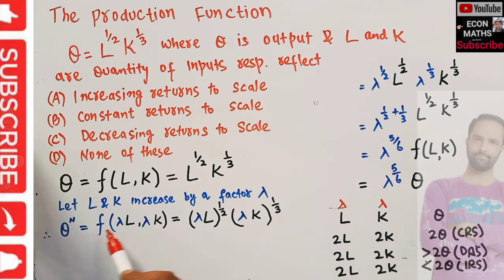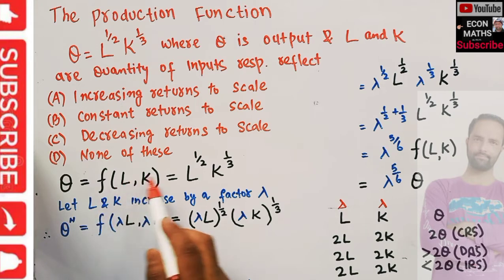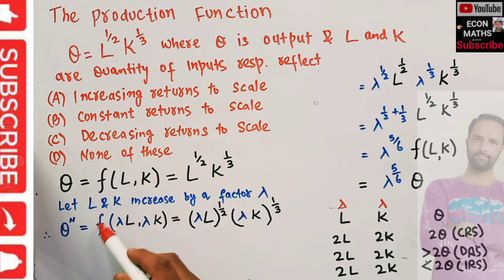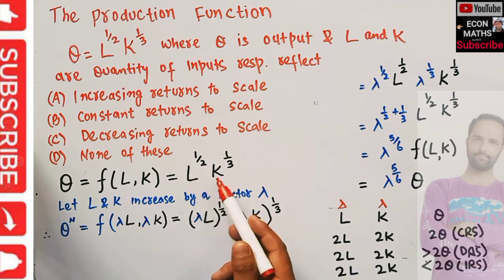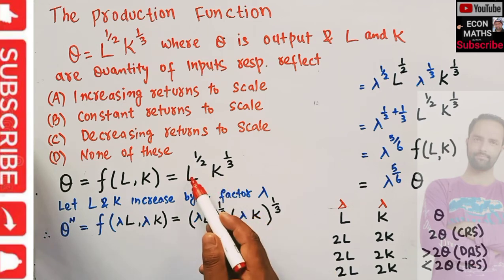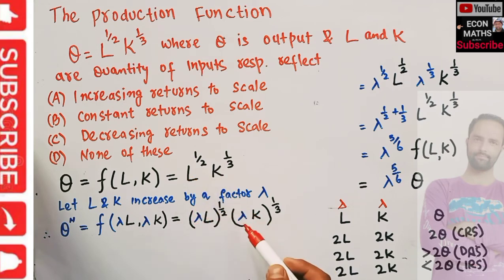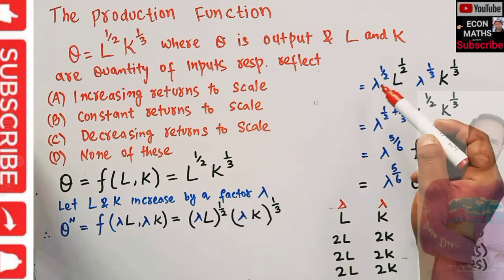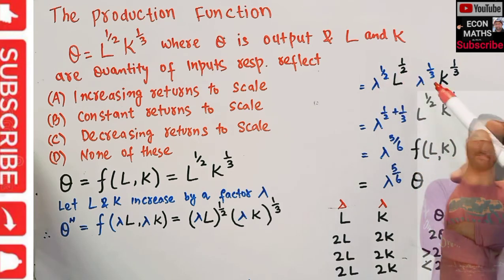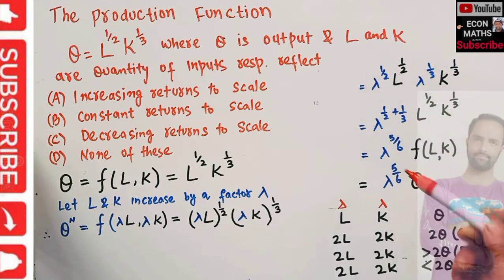Multiplying each of the inputs by lambda, our new production function can be like this. F of lambda L, lambda K will be equal to, since we have multiplied each input by a factor lambda, in place of L we have lambda L, in place of K we have lambda K. When we expand this, it becomes lambda to the power 1 upon 2, L to the power 1 upon 2, lambda to the power 1 upon 3, K to the power 1 upon 3.